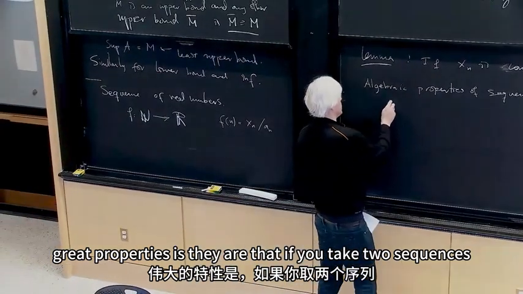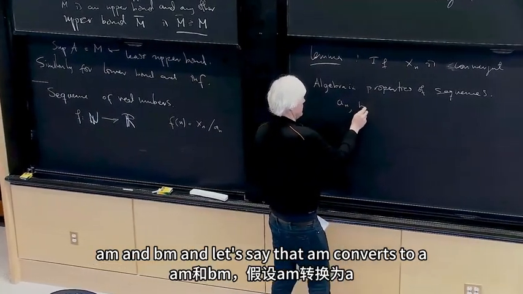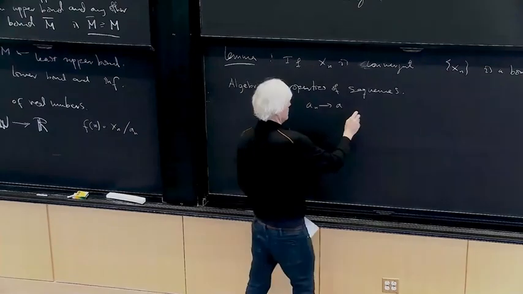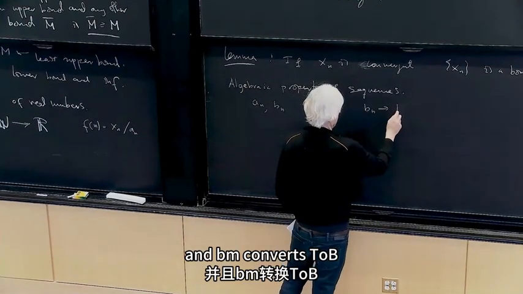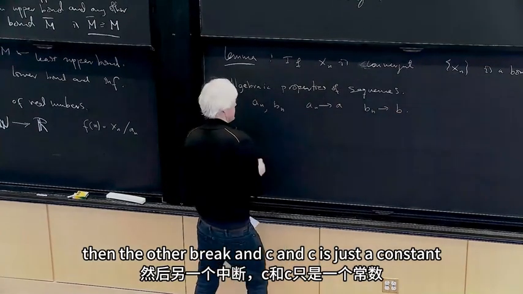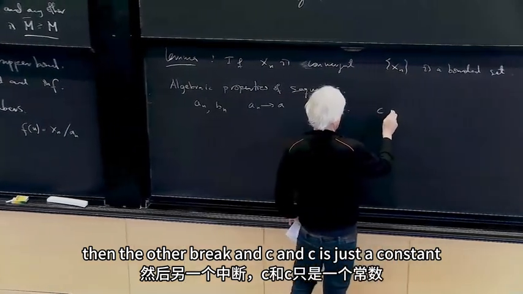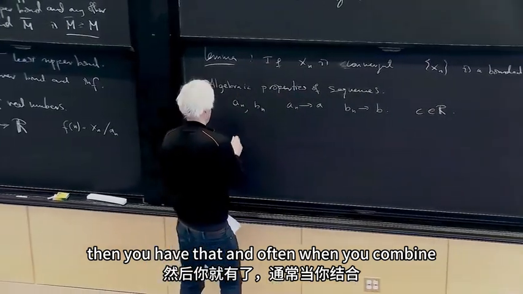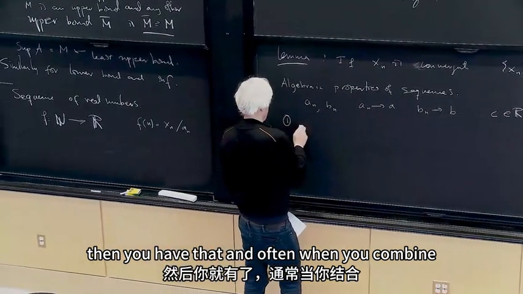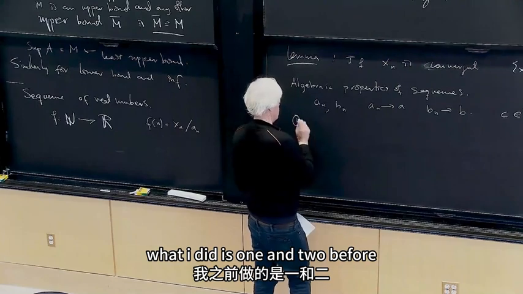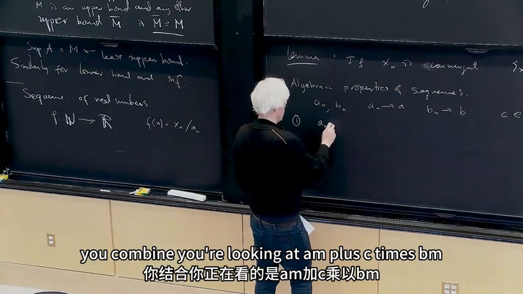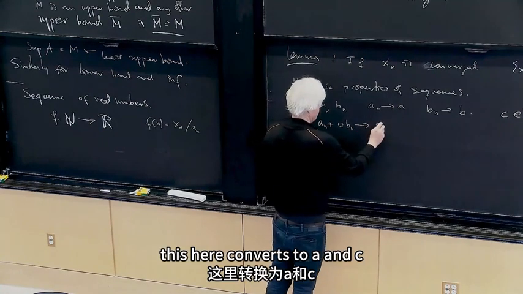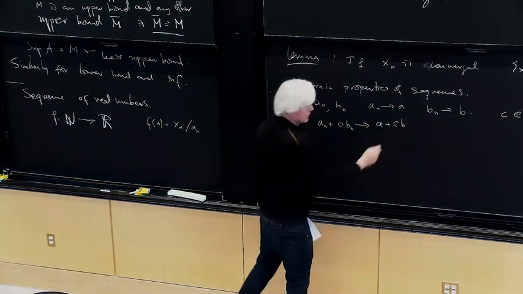If you take two sequences a_n and b_n, and let's say that a_n converges to a and b_n converges to b, and c is just a constant, then a_n plus c times b_n converges to a plus c times b.